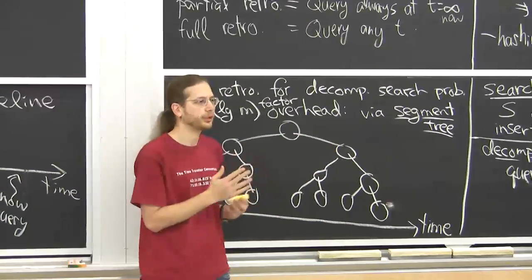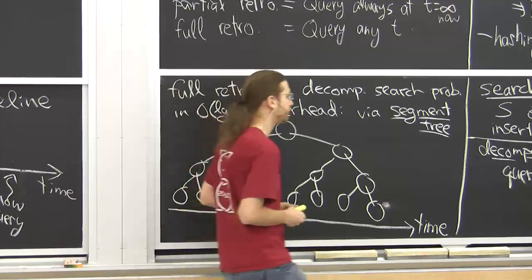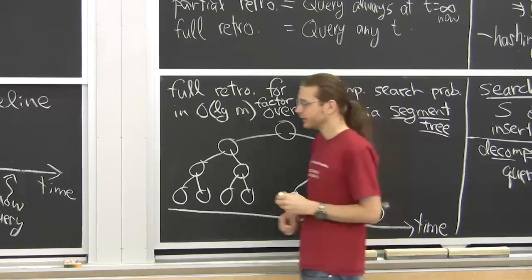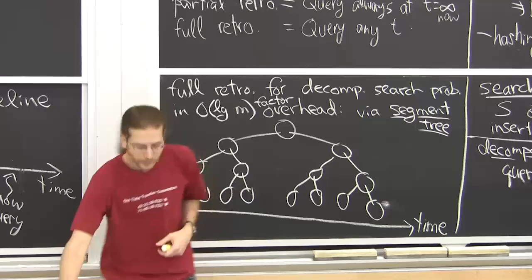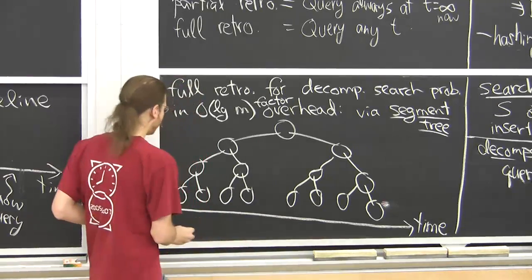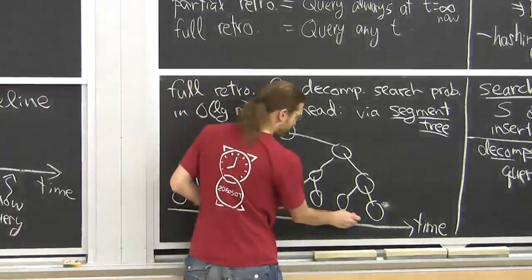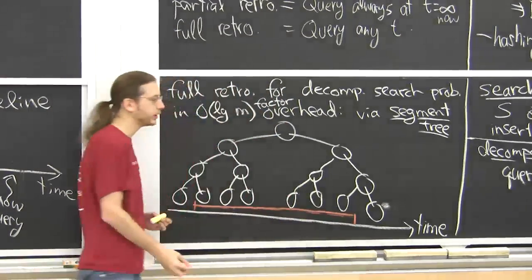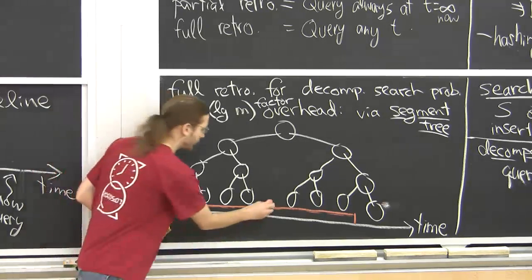I'm going to assume every element is inserted and deleted only once. Otherwise, if it happens multiple times, think of them as different elements. Then every element exists for an interval of time. So for example, maybe I have an element that exists for this interval of time. Maybe it gets inserted here and then gets deleted here. How should I represent that interval in my tree? So let's call this element A.